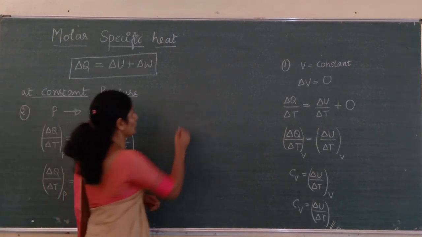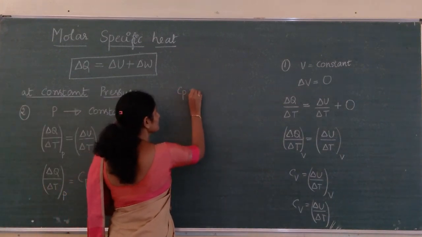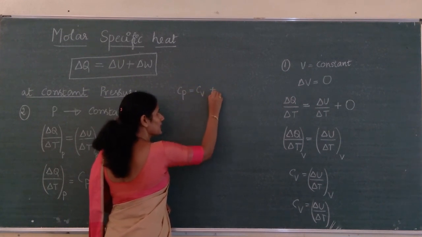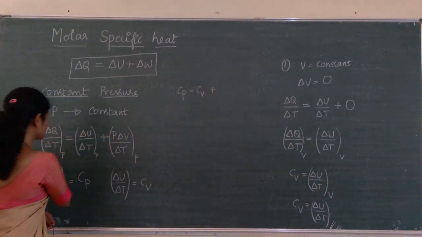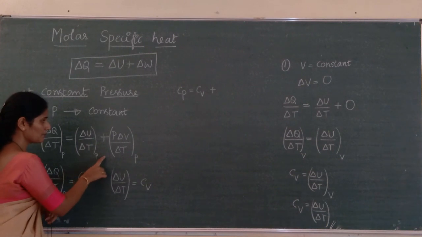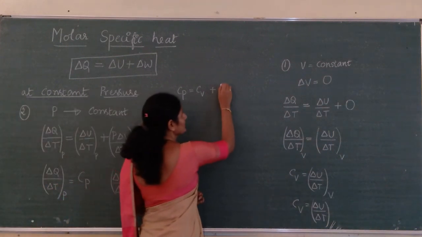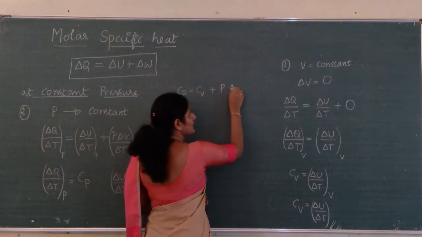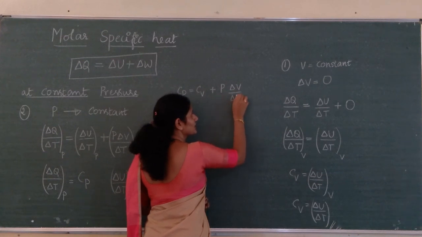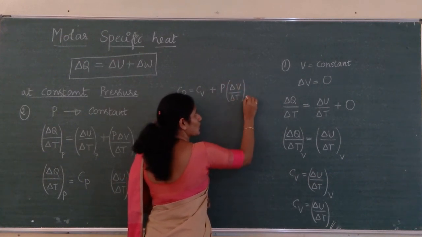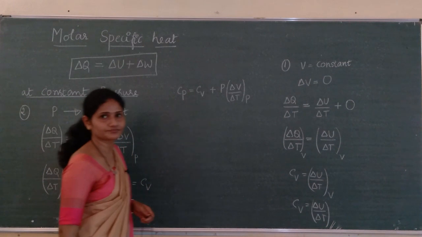So, Cp is equal to Cv plus P into delta V by delta T at constant pressure.